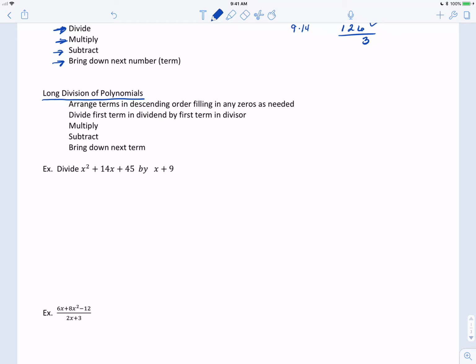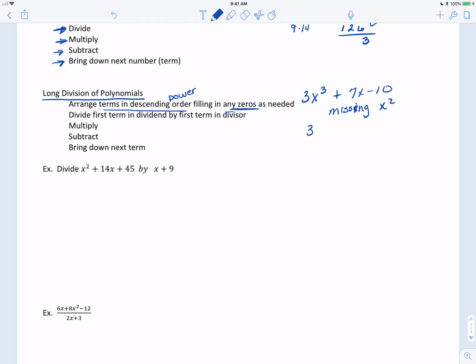Okay, so long division. Some things that we have to remember is that we have to arrange those terms in descending power order. And if there are any missing, we've got to create zeros for them. So, for example, if we have something like 3x cubed plus 7x minus 10. Well, notice if we're going in descending powers, we're missing an x squared term.